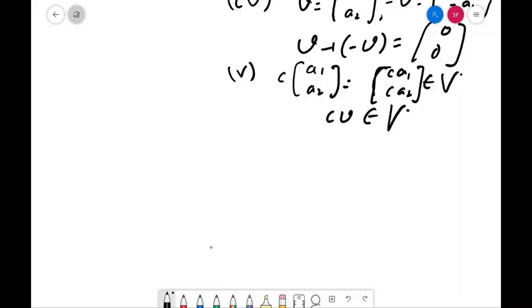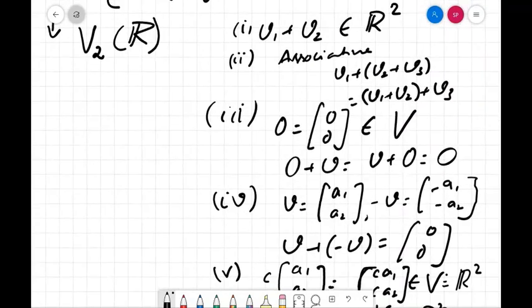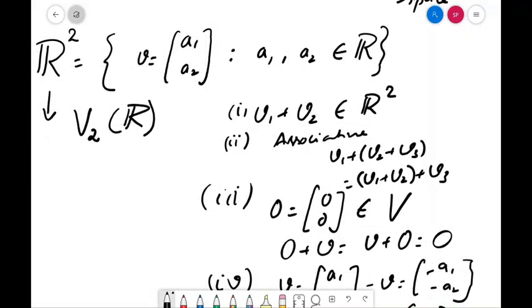V means here we have R2. So this is satisfied, and the remaining five more also will be satisfied. You need not check, because these are all the basic things. It is like a column matrix, and this will satisfy all the conditions.